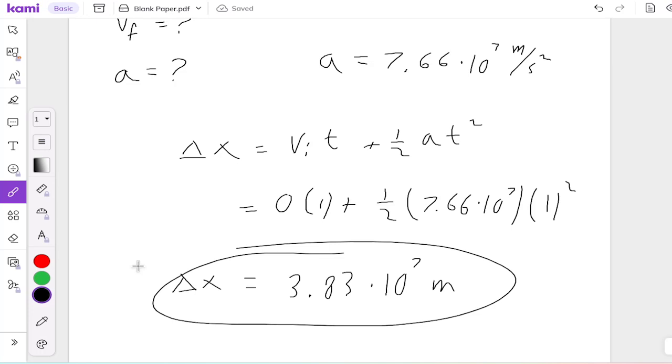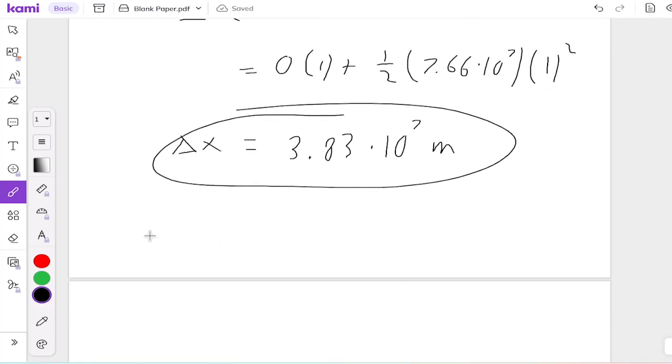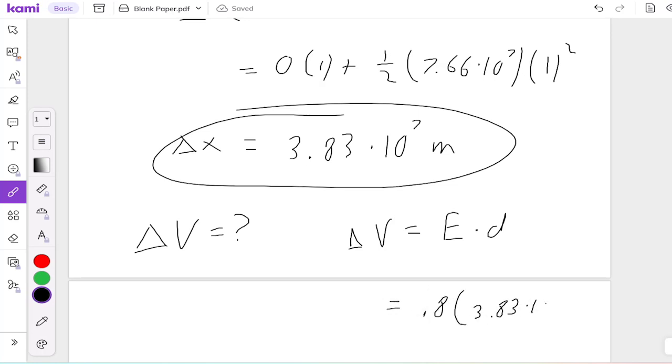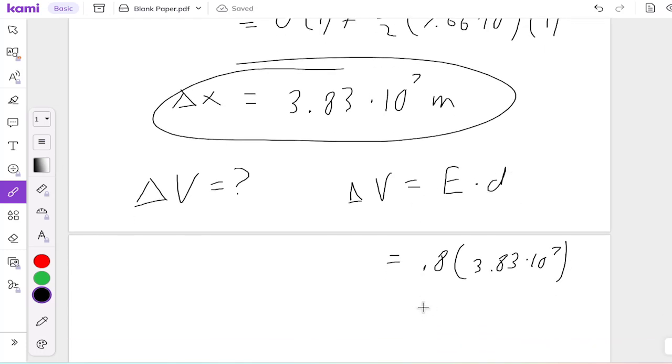And one more thing to show you, just because, maybe they'll ask this on the test too. What if they ask for the change in electric potential? Well, this is where I'd say delta V equals E times D, and I'd probably ignore the negative sign again. But electric field is 0.8. I use my new distance. And whatever this turns out to be, this would be the answer.